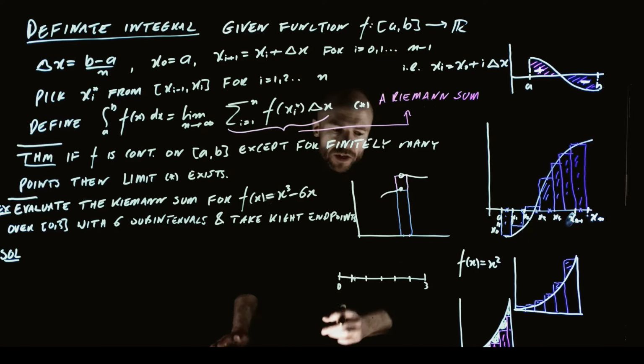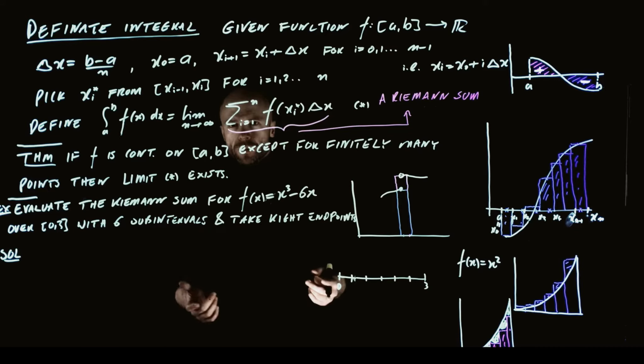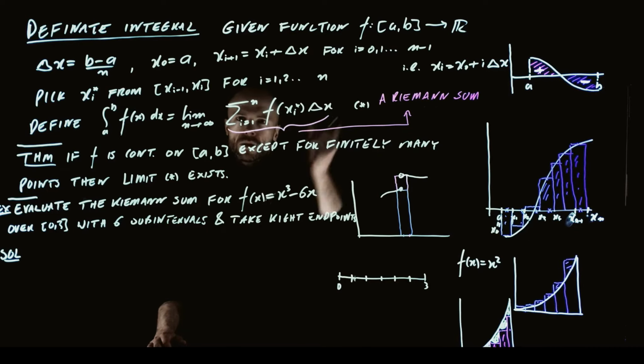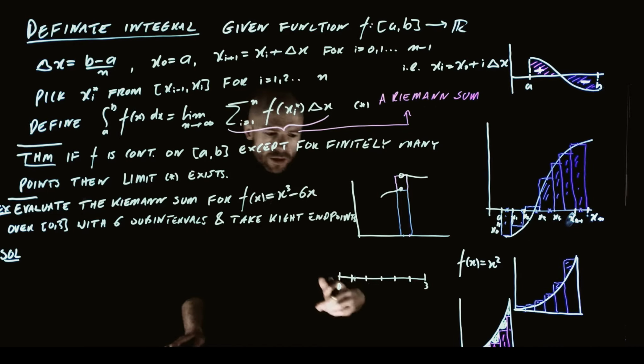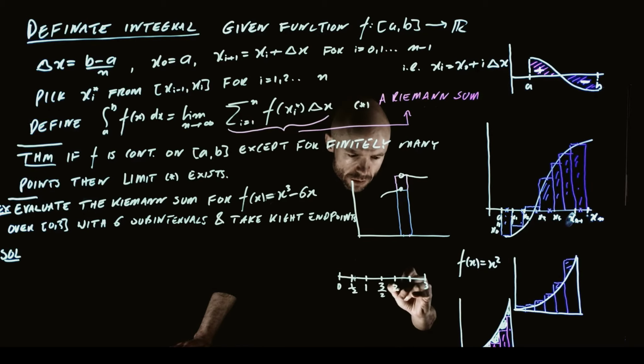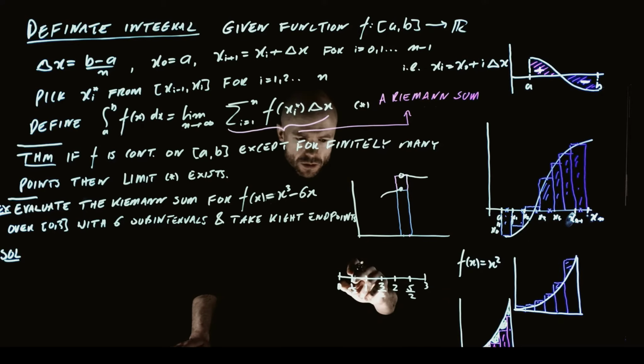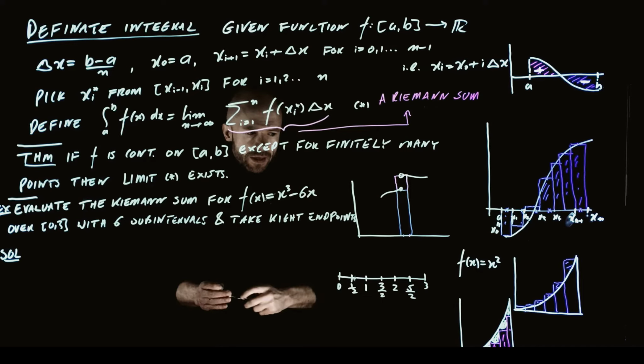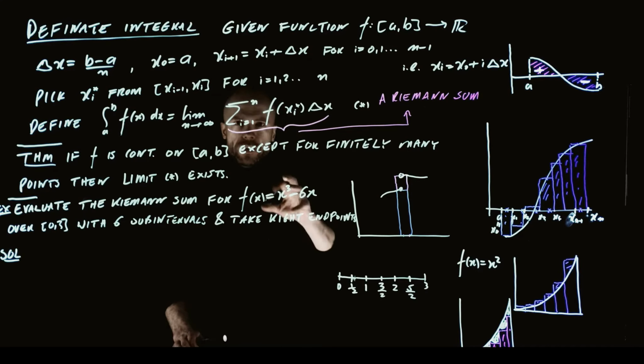Okay, so if it's 0 to 3, I'm cutting it up into 6 pieces, then each one has to have length 3 over 6, which is a half, right? So the first interval is from 0 to 1 over 2, then it's from 1 over 2 to 1, then from 1 to 3 over 2, then from 3 over 2 to 2, then from 2 to 5 over 2. Yeah? Cool.